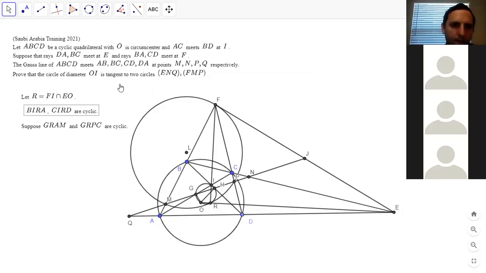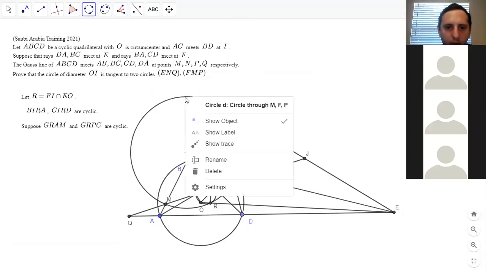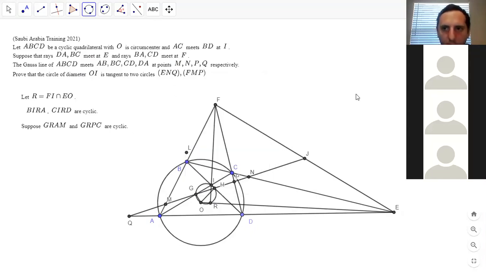So let's see. Okay, so that's cyclic. So if we're defining it that way, we know it lies on the smaller circle, but we don't know yet that it lies on this circle. So we want to show AMPR is cyclic. But if we know that these two are cyclic, then it would follow that APMR is cyclic.